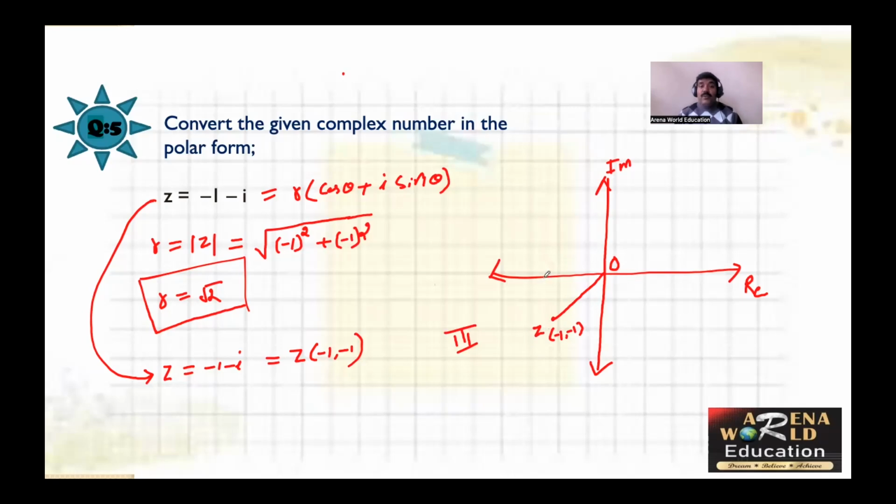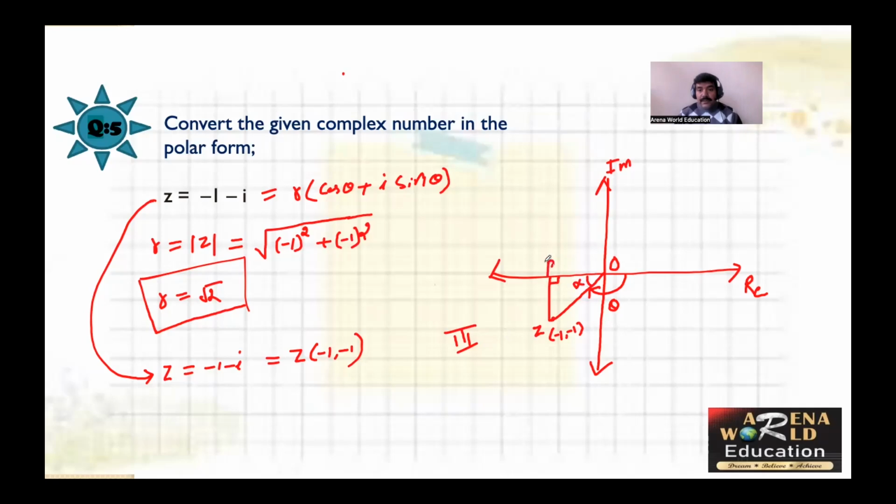So if we talk about theta, so we will reach here by what? Clockwise direction. So this angle will be theta, right? But we are in third quadrant. So before finding theta, we have to find alpha, right? So suppose this is what?